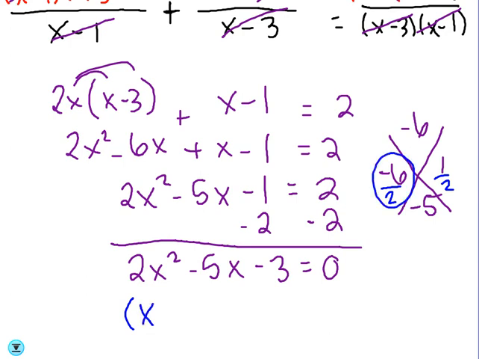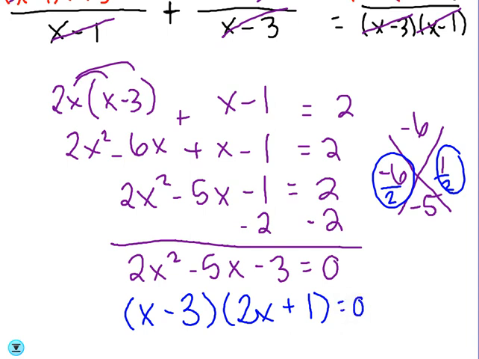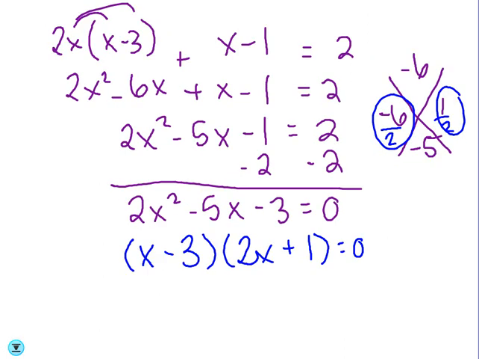This first one, negative 6 divided by 2 is negative 3. And then this fraction, remember, if we put it back in our factor form, it's going to be 2x plus 1. You can set it equal to x and then solve, but you keep the sign the same. And now we're just going to go through and solve each of those.